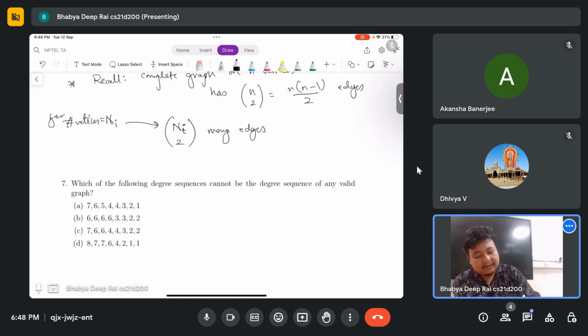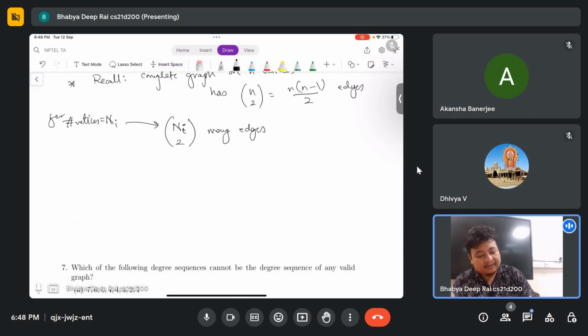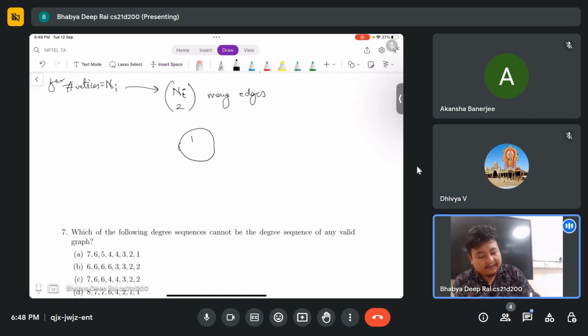So in other words, here I have n1 choose 2 edges, another one I have n2 choose 2 edges, and I keep doing this for all n1 till nk.